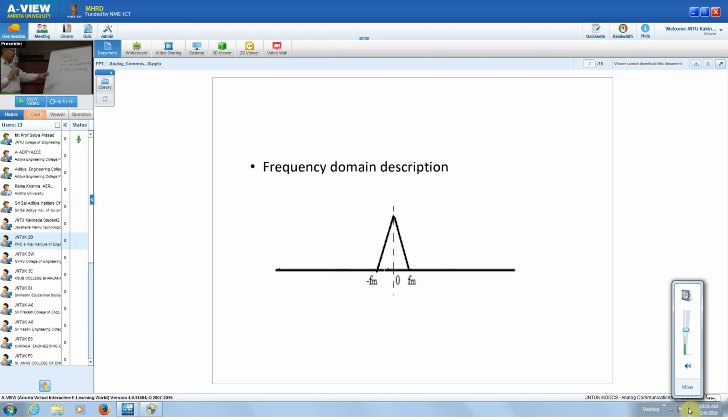Therefore, your output is going to increase or decrease or max.